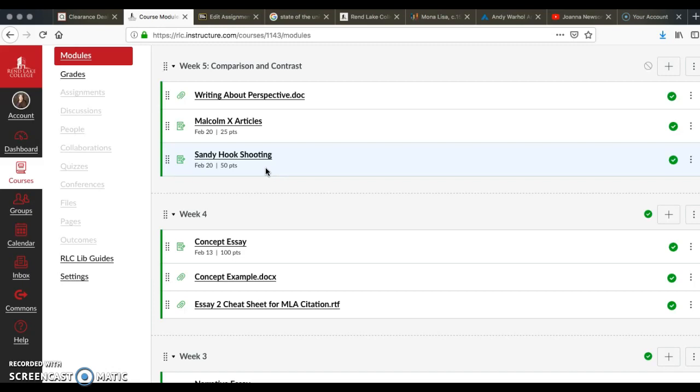So same thing, I've asked you to answer some of the questions that are after each one of the articles. And what I want you to do is to really think about those questions and how you are answering them, not in the sense of is there a right answer and a wrong answer necessarily, but think about what you see in the article.